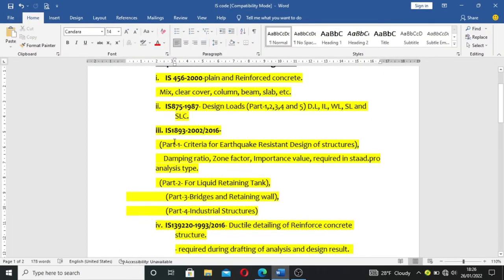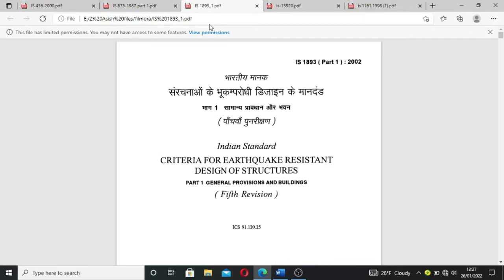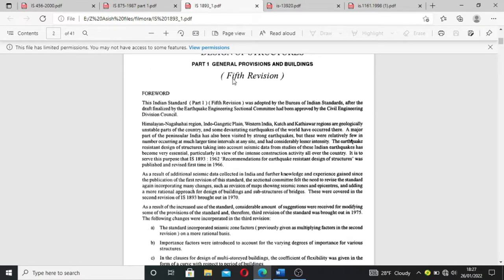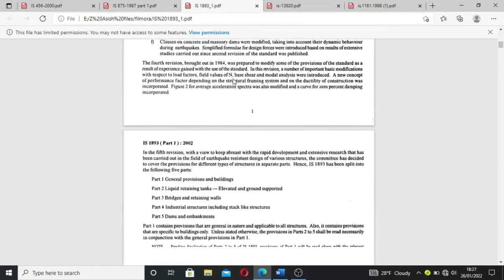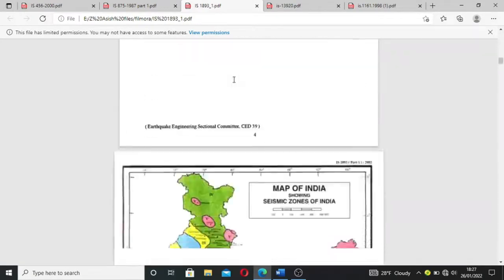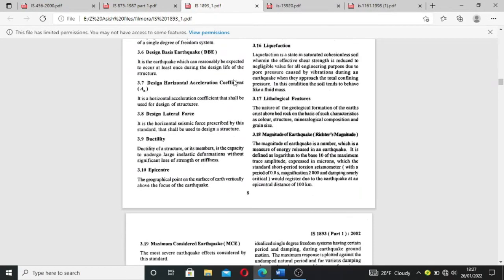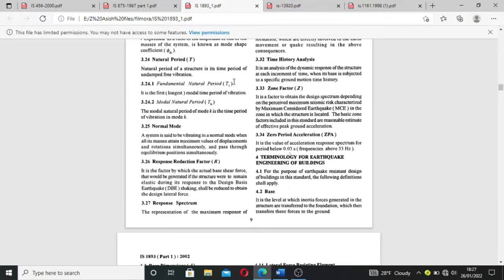Then next you can see IS 1893, it talks about seismic design. During analysis and designing in software, you need to put in different values like damping ratio, importance factor, and zone factor. You should know in which area or region the particular structure you are designing is located.